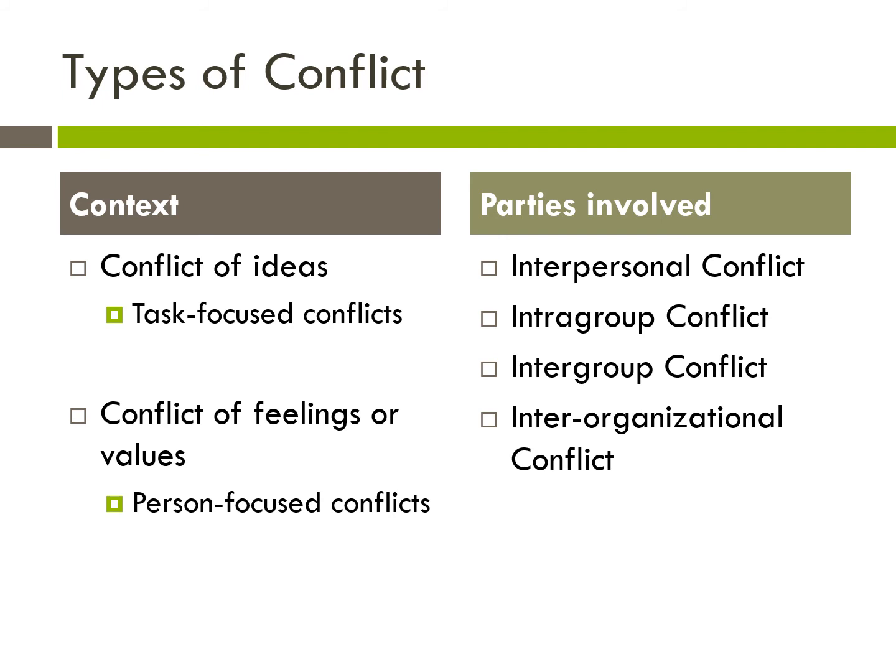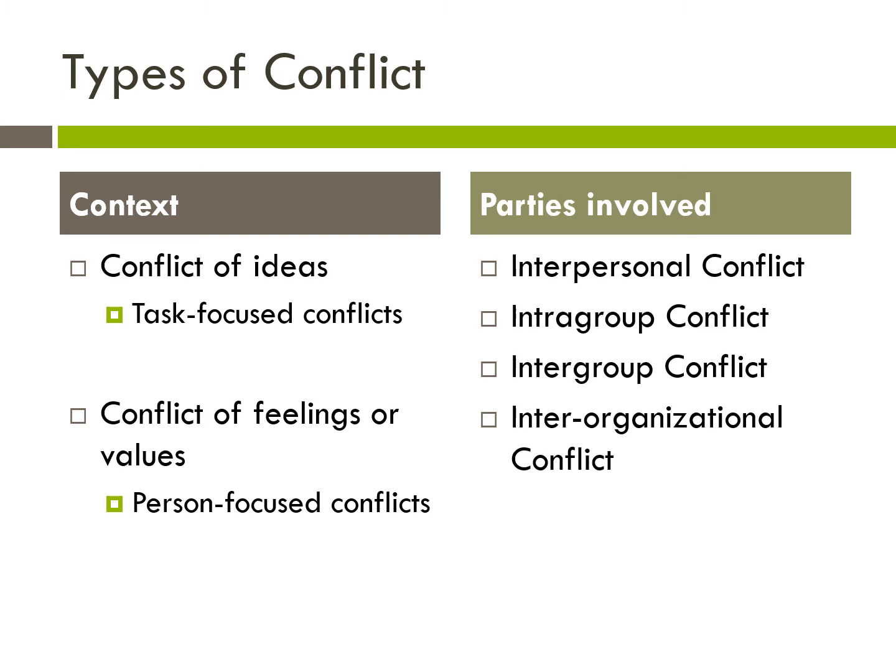Now let's talk about the different parties involved with the conflict. Interpersonal conflict is between individuals based on differing goals or values. Intragroup conflict occurs within a group or a team. Intergroup, which is a little bit different than intragroup. Intergroup conflict occurs between two or more groups or teams. Managers play a key role in resolution of conflicts with intergroup conflict.